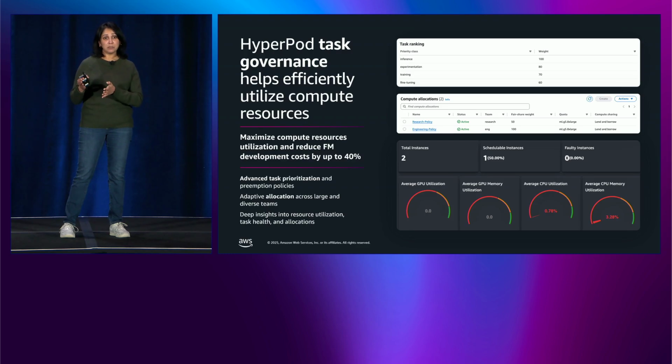And while every team gets their guaranteed compute allocation, if there are idle resources, then another team is able to opportunistically run tasks on that idle compute. And that helps you maximize utilization, but still make sure that every team is getting their fair share of resources.